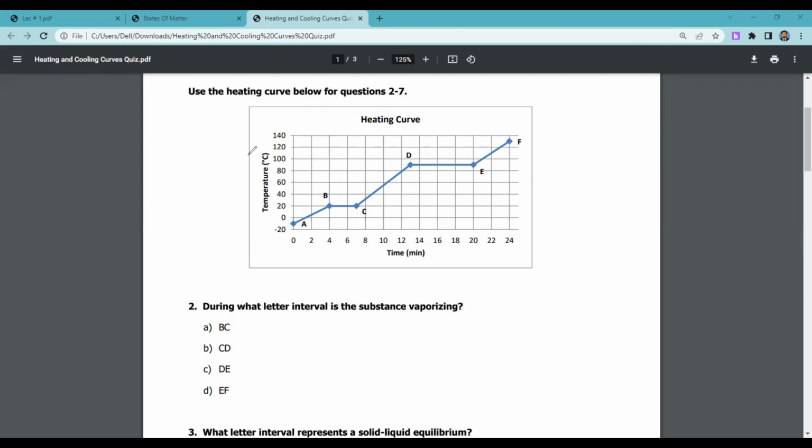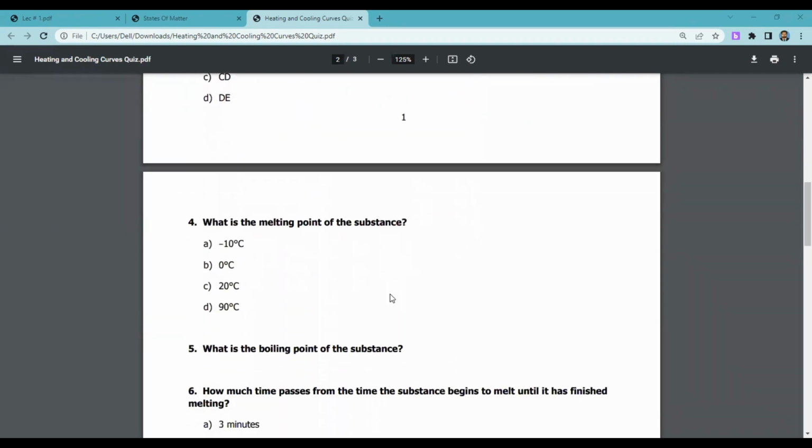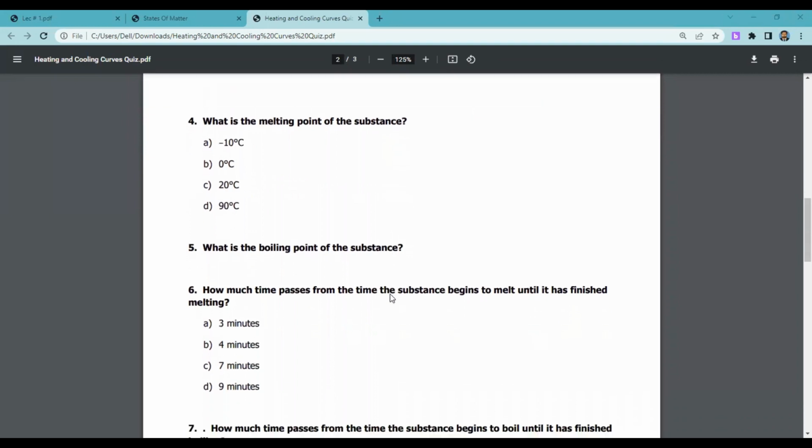This type of question will come in your exam hopefully, and if you understand that, you can answer it easily. You can write the boiling point as 85 or 90 degrees centigrade. How much time passes from the time the substance begins to melt until it finishes melting?